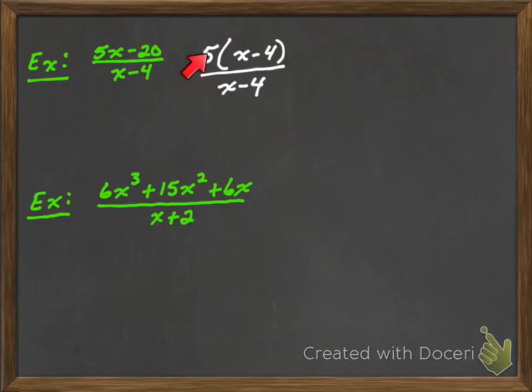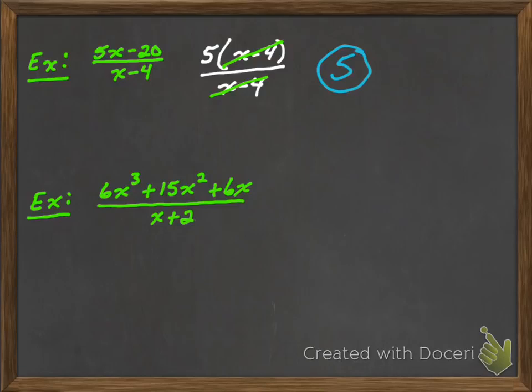So in the numerator we have two factors. 5 is a factor and x minus 4 is a factor. This x minus 4 can only cancel with another x minus 4. Well, we have one in the denominator. So those two things will cancel with each other, leaving you with an answer of 5.